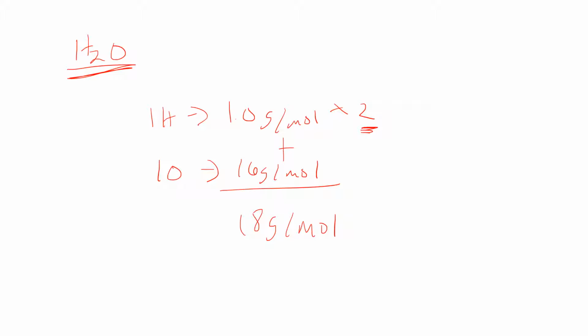Remember, when you're looking for atomic mass, it's usually the largest number on the periodic table. So let's say, for example, carbon.